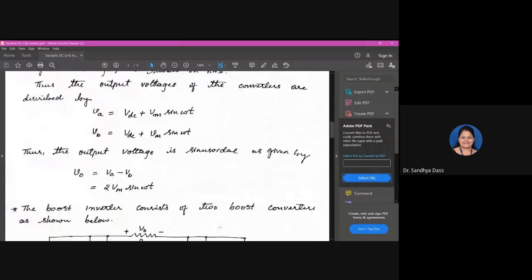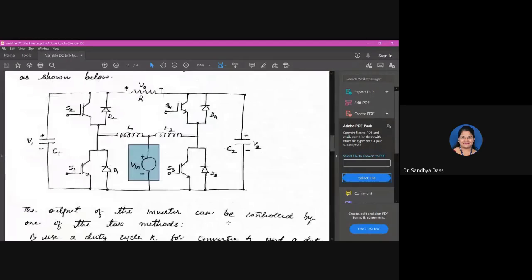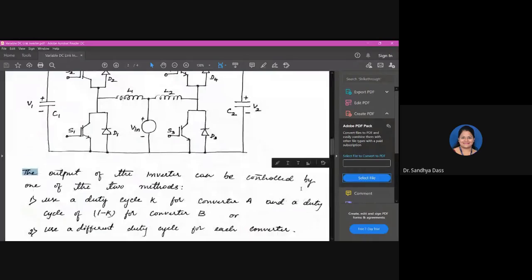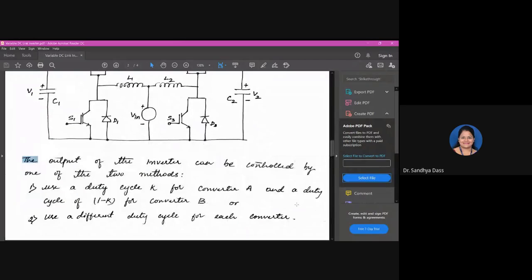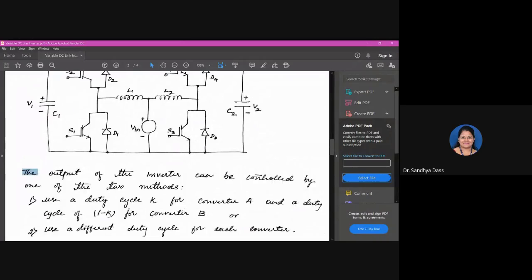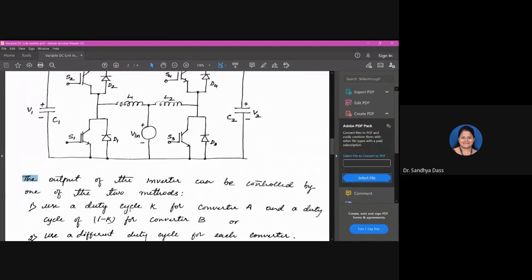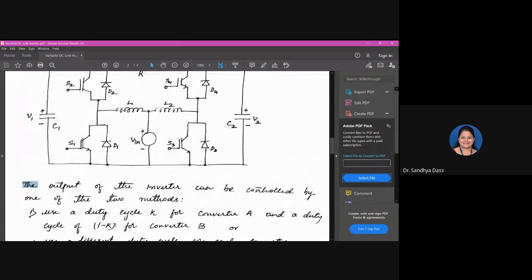All right. The output of the inverter can be controlled by one of two methods. One is to use duty cycle K for converter A and duty cycle 1 minus K for converter B. K is nothing but the duty cycle, which is given by the turn on time period divided by the total time period.